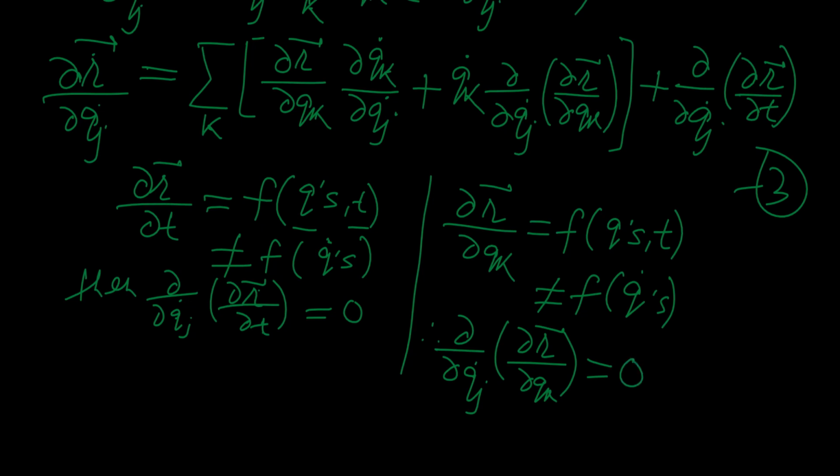So what we see? That we see that ∂ṙ/∂q̇j is equal to this much, and this term becomes 0 and this term also becomes 0.